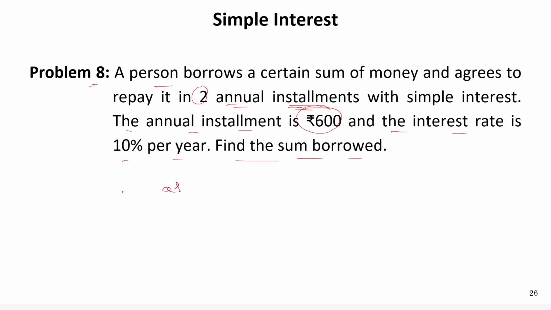So let the money returned after the first year be MR1. MR1 is equal to what? 600, right? P is equal to MR1 plus MR2. MR2 is equal to what? It was the money returned after the second year, the second installment.